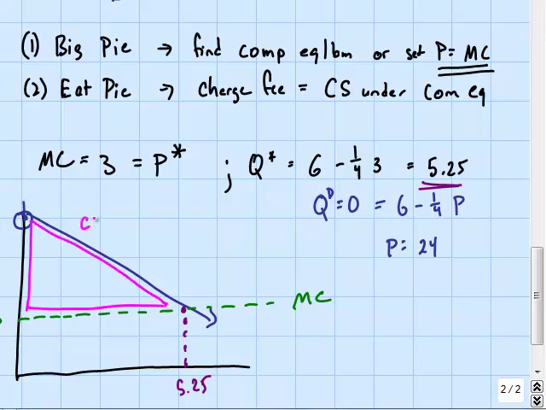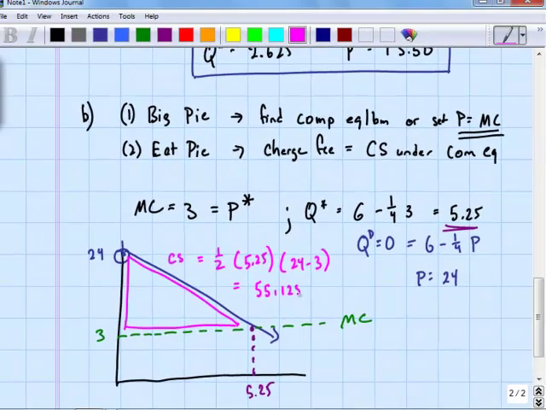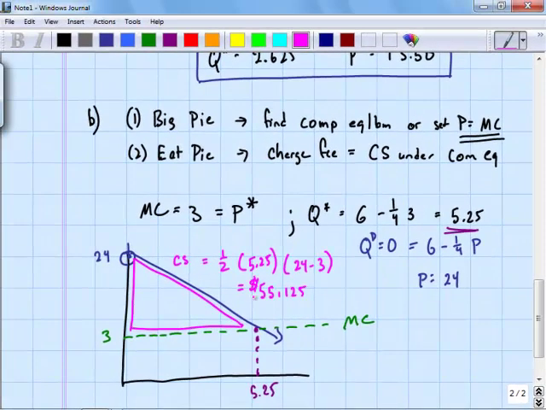So consumer surplus is going to equal 1/2. The base is 5.25 wide. The height is 24 less 3. So consumer surplus under the competitive equilibrium of price 3, Q 5.25 is going to give us $55.125. That's the amount of consumer surplus.